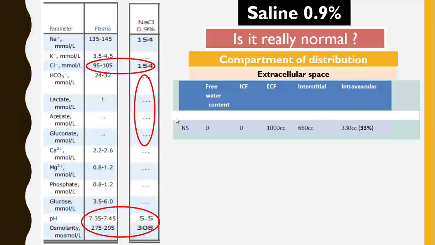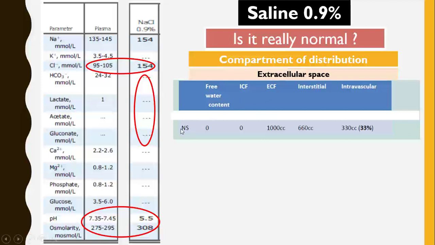What is the compartment of distribution of this solution? Isotonic saline. So from isotonic, now I know that it will be in the extracellular space. There is no relation to the cell.